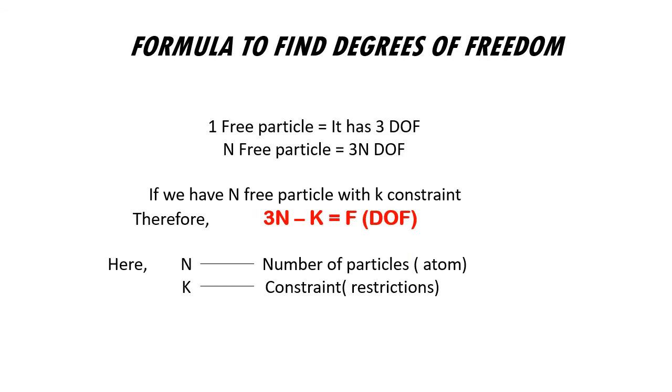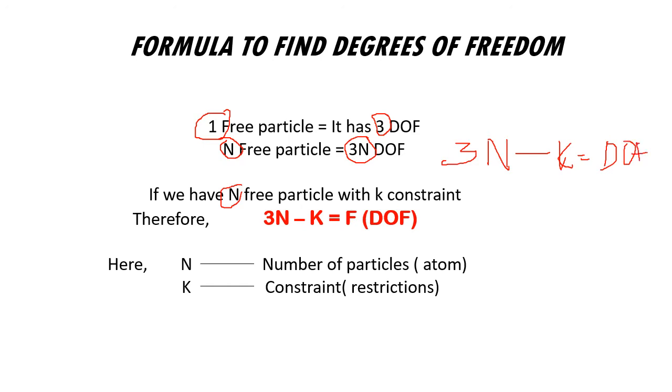Formula to find degrees of freedom. If one free particle has 3 degrees of freedom, then n free particles will have 3n degrees of freedom. So if we have n free particles with k constraints, we have to subtract the k constraints from 3n, which will give us the degrees of freedom.